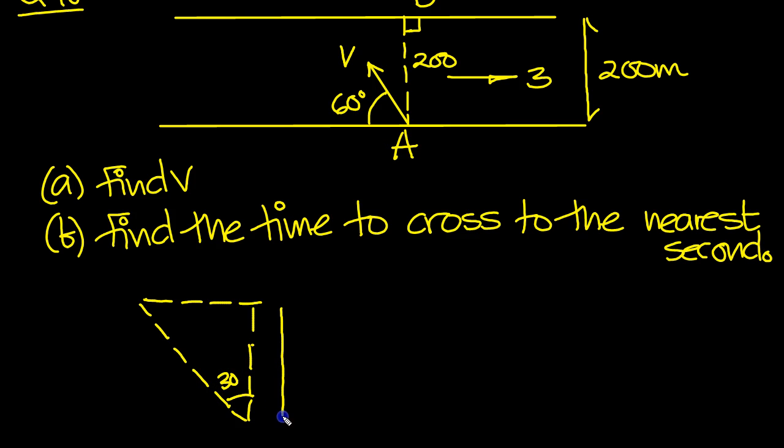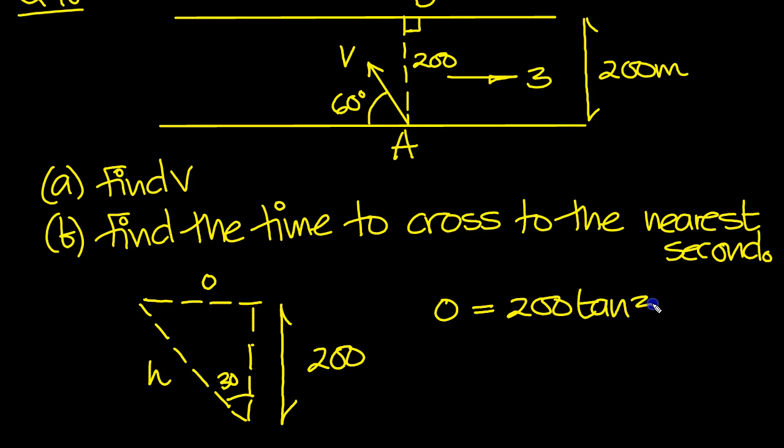Now this distance here is the distance across the bank, which is 200 meters. So let's call this h, the hypotenuse, and this the opposite. The opposite is equal to 200 tan 30.